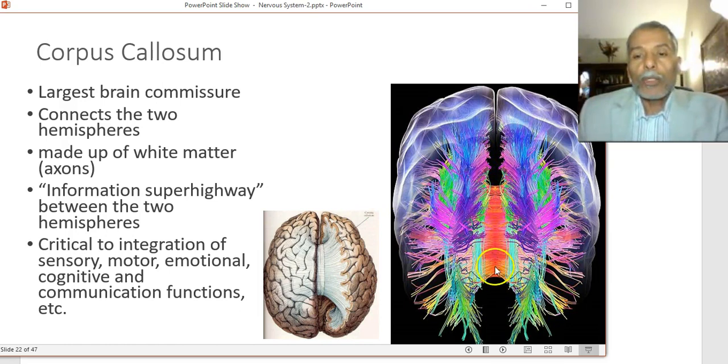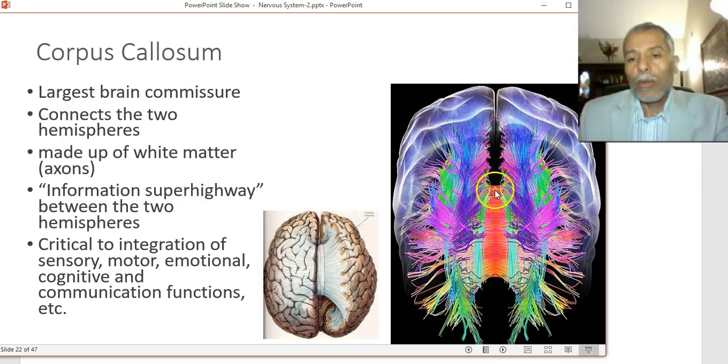So the corpus callosum again connects the right hemisphere with the left hemisphere, and it is the biggest channel, the biggest cable in the brain. It connects right and left. Commissure means pathway.